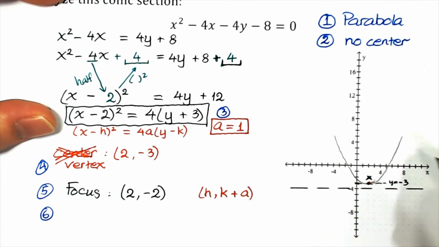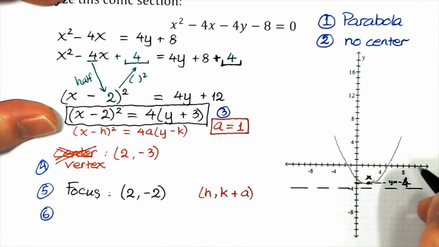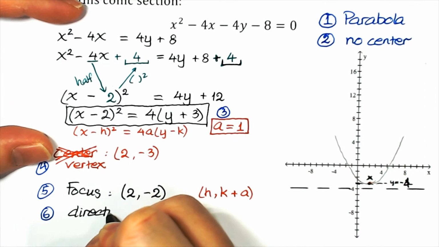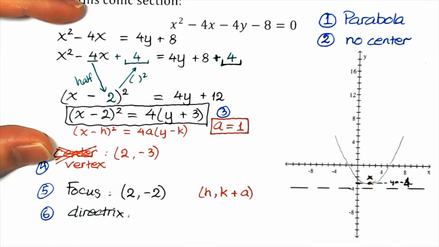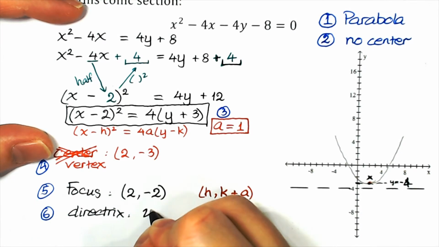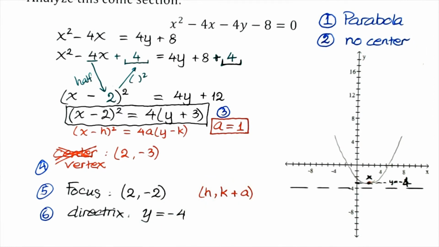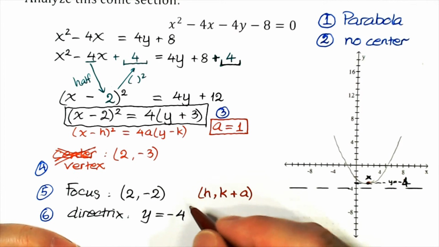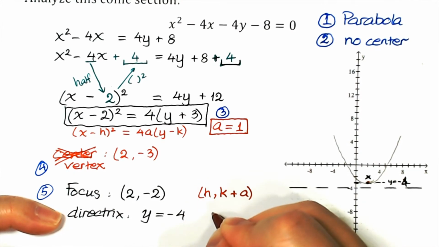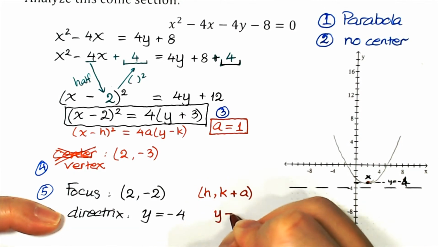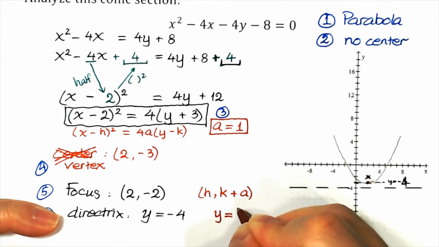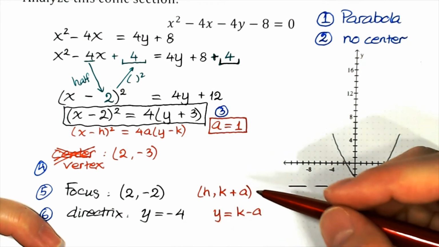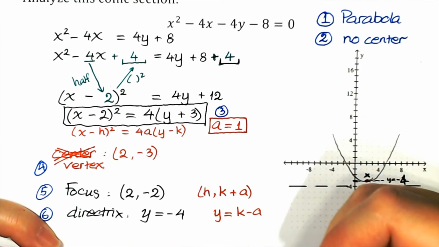We go 1 unit down, so y equal to negative 4 is the equation of the directrix. So in general, the formula for the directrix of a vertical parabola is y equal to k minus a. So we go a up for the focus and a down for the directrix.